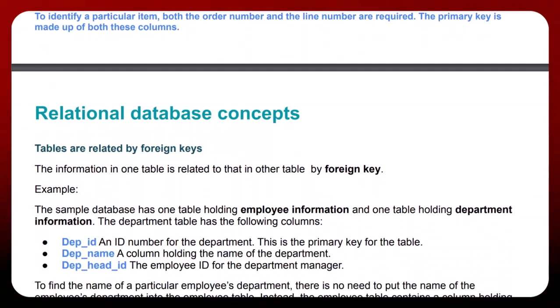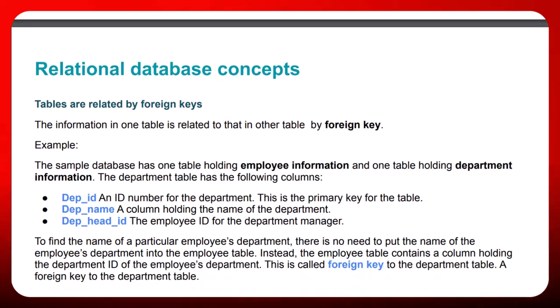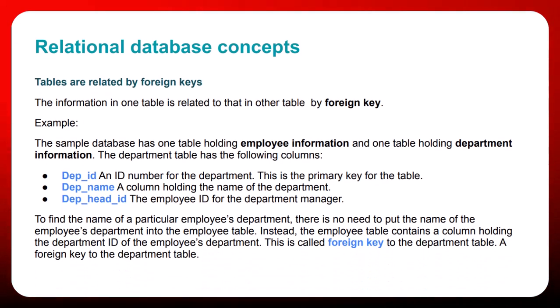Now, once we have learned the primary key, let's look at the foreign key. Information in one table is related to that in another table by a foreign key.